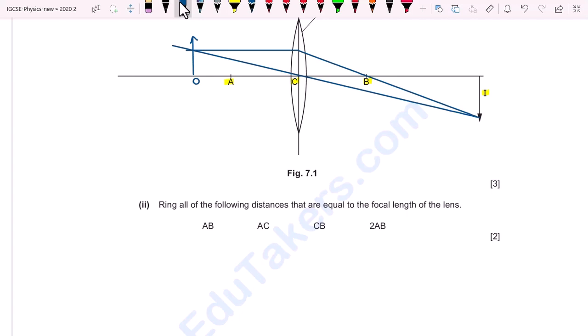You can see from here the distance from point C to A, and on the other side, the distance from B to C. Both are equal to the focal length. So AC and BC, or CB, both are equal to the focal length of the lens. Moving towards the other part of this question.